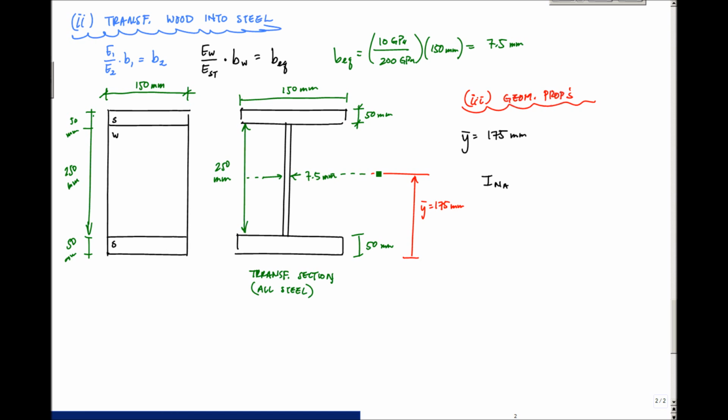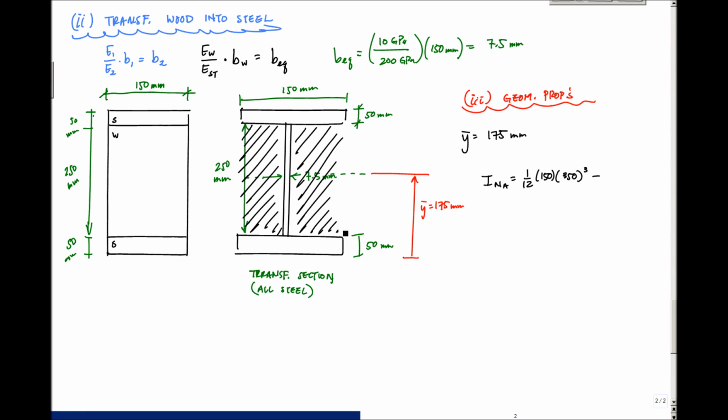For this moment of inertia, I could use the parallel axis theorem, or I can also notice that I could calculate the moment of inertia of this giant rectangle, 1/12 the base, which is 150 millimeters, times the height, which is 350 millimeters cubed, minus the holes, which would be kind of this region right here. This hole and this hole, which are the same dimensions. So there are two of those.